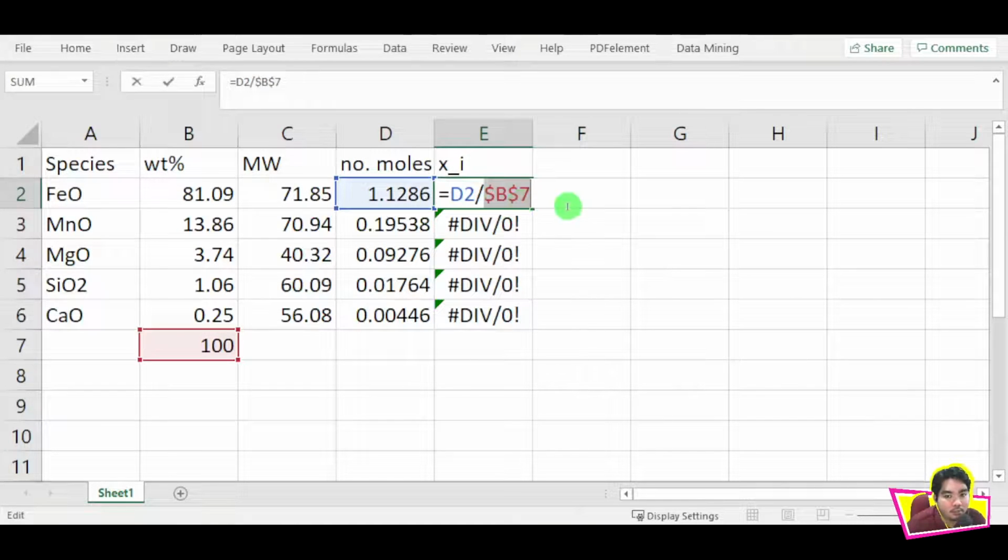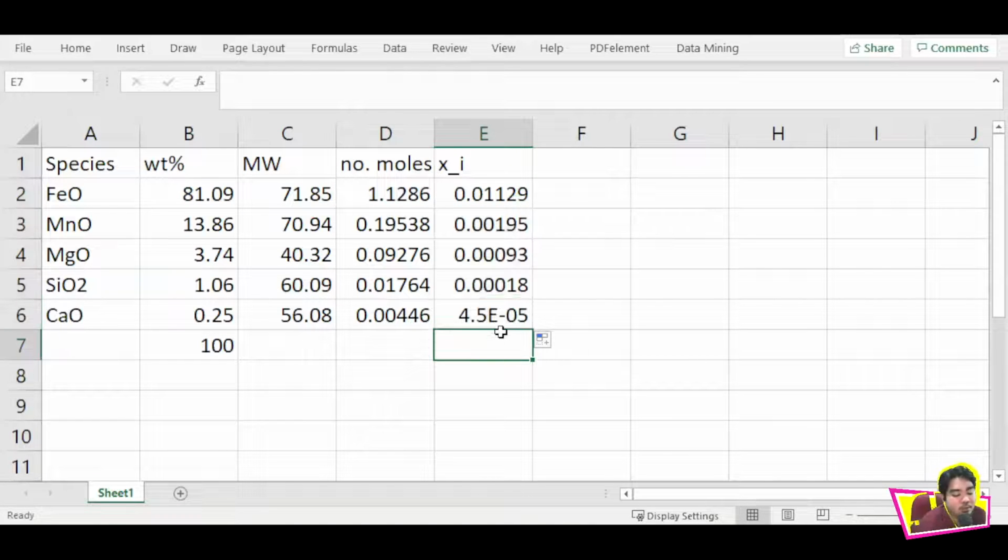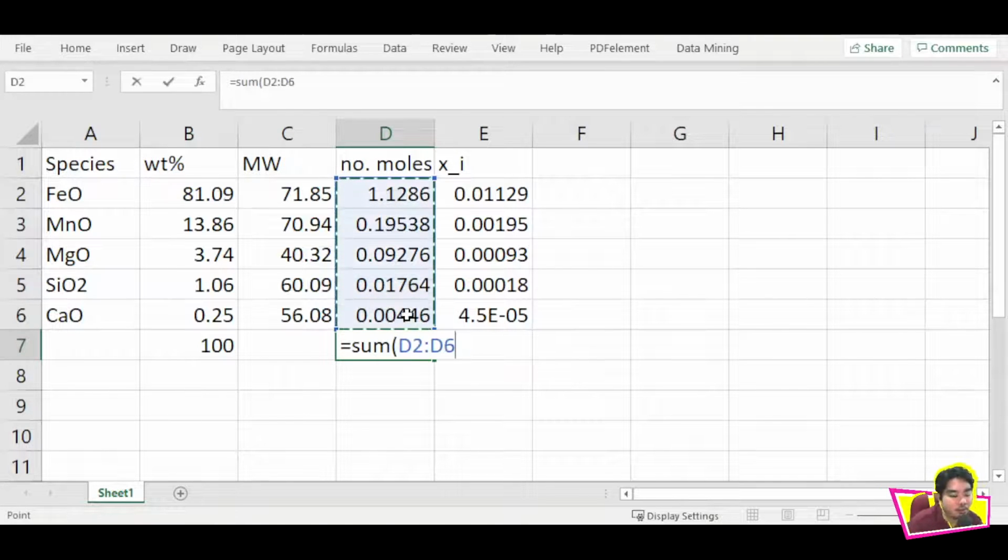Lagyan natin ng F4 para ma-fix. Drag it down. And to be sure, dapat if we did this correctly, ang total nito is just equal to 1 dapat. Pero bakit hindi siya equal to 1? Kasi yung total number of moles. Mali pala, sorry guys. The total number of moles is sum nito. That's 1.43.